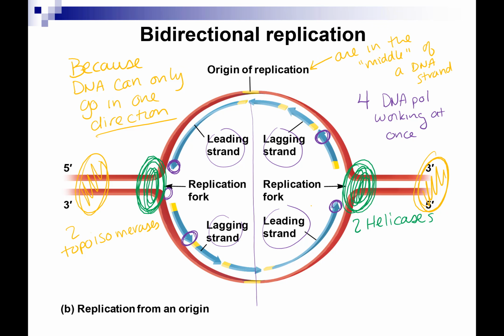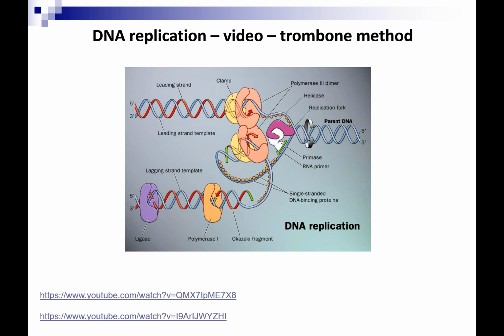So you might be kind of wondering how this could all really happen. And DNA replication is obviously a little more complicated than what we are drawing. And it really happens by something called the trombone method, which is kind of illustrated here, that the leading strand up top here is continuously produced. Okay, so here is your DNA polymerase. You're going to see something called a clamp that just holds the DNA polymerase on.